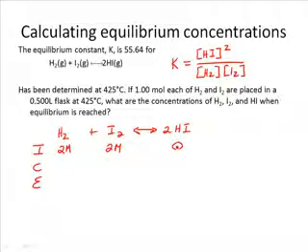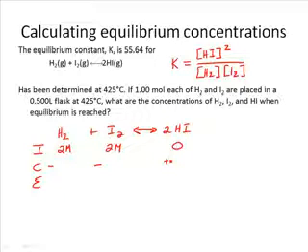So we automatically know we're going to be making products, so we can put the sign in on our change line. And it wants to know what are the concentrations of hydrogen, iodine, and hydrogen iodide when equilibrium is reached.